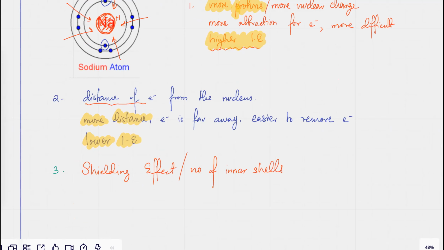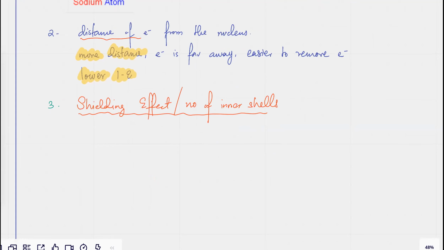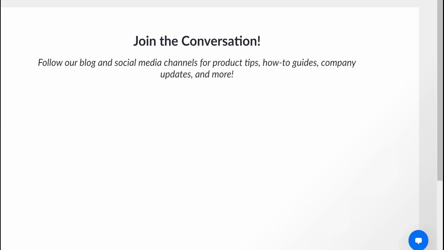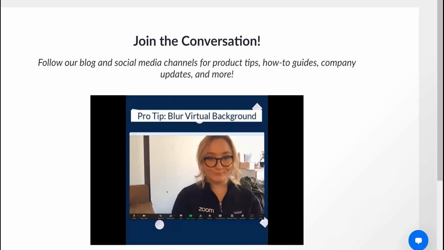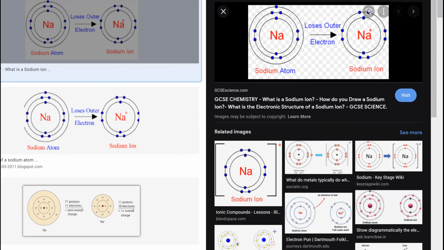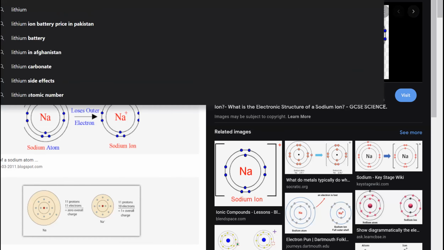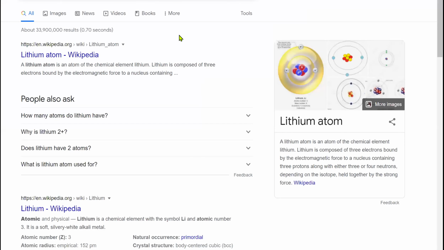Now, what this factor is: I had a sodium atom. Let me have a lithium atom next to it. So let me draw two atoms. One is sodium, the other one is lithium.